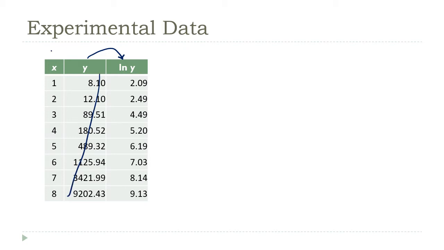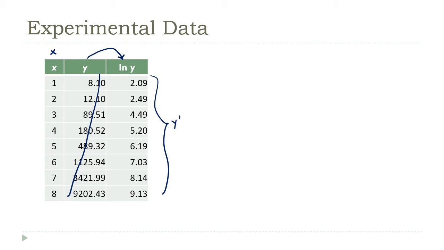Instead, I'm going to use the x values for the x-axis, and I'm going to use these log y numbers on the y-axis, and I'm going to call these y prime. Now, you've probably taken a calculus class. You're probably used to thinking of that prime as meaning the derivative. We do use it to mean other things. In this case, I'm using it to mean a new value that is derived from the previous y value, in this case by taking the logarithm of it.